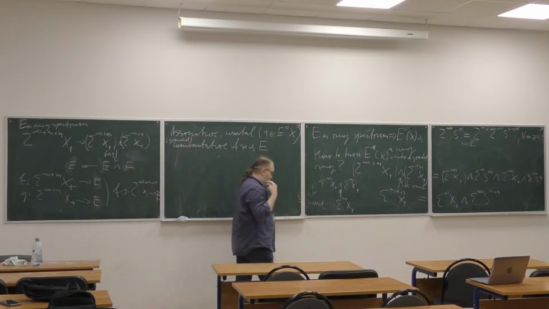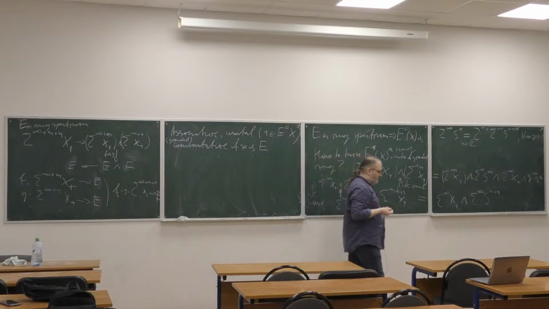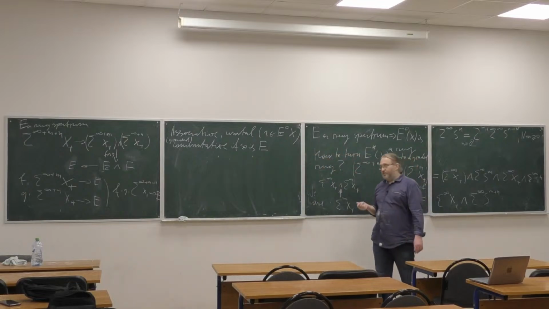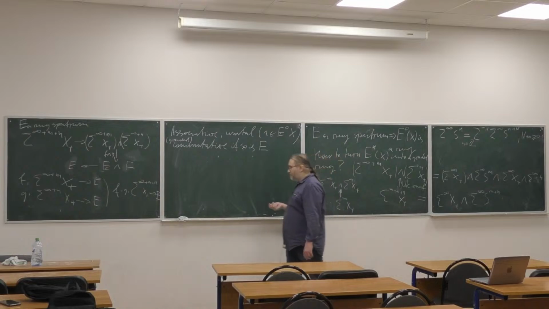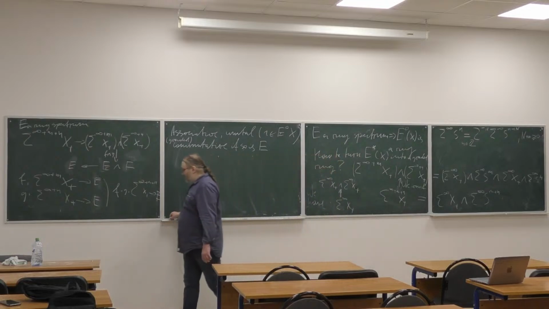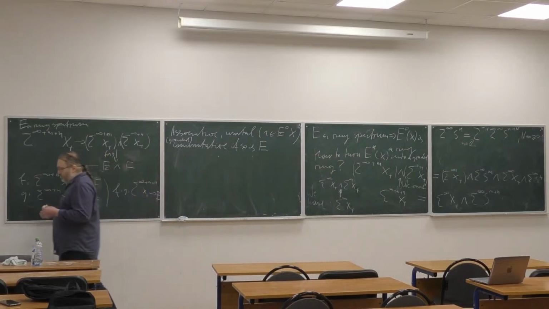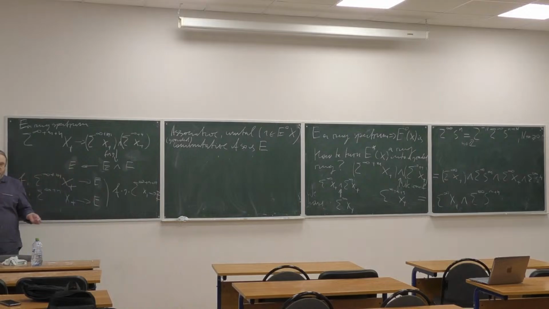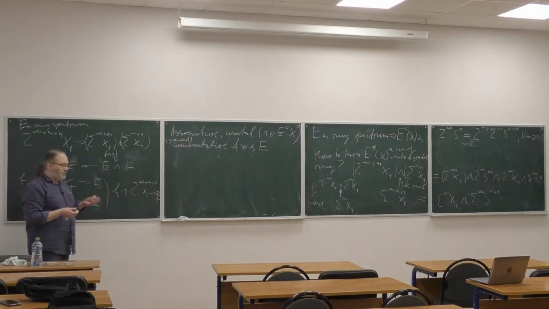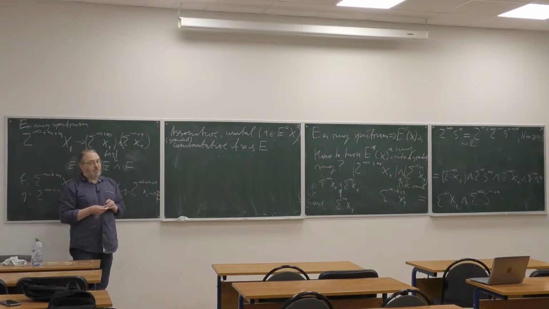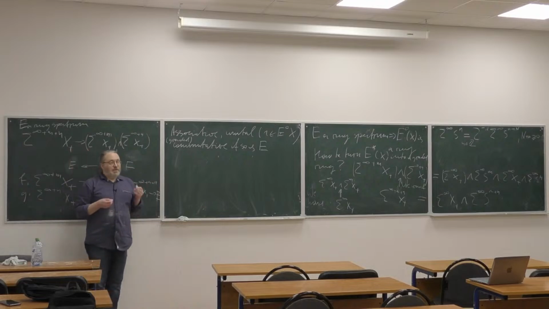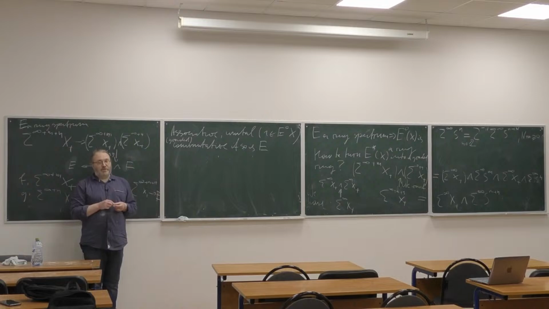Now, the next property is well familiar from the case of the usual cohomology. If E is commutative, so is E of x.